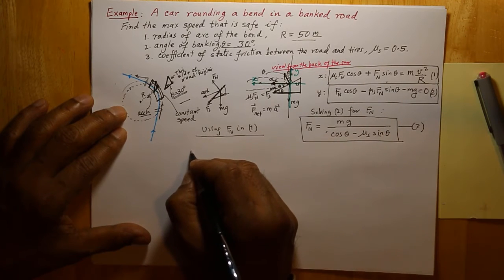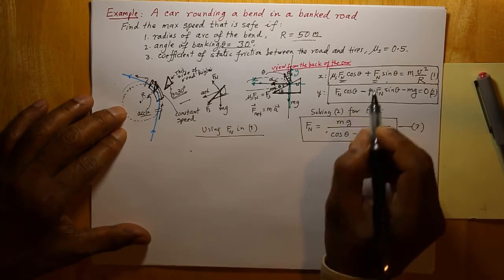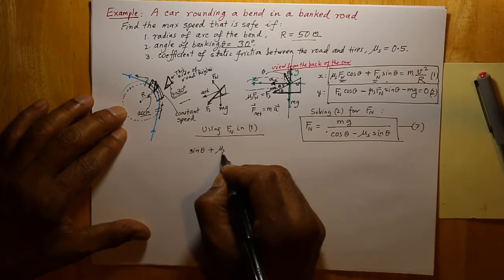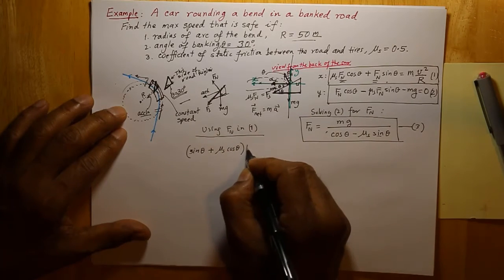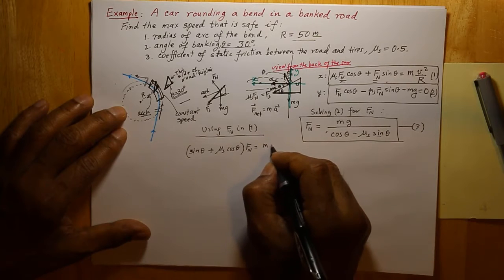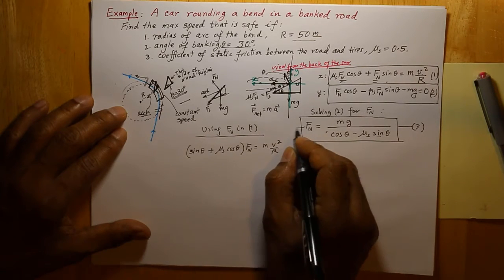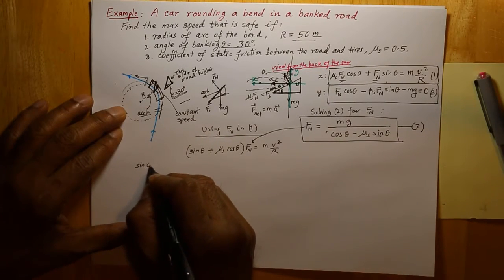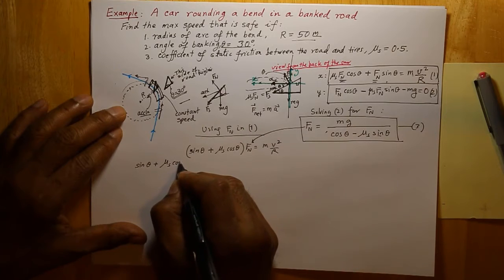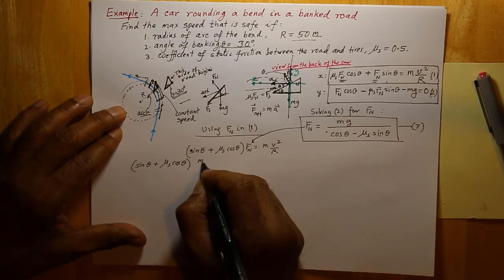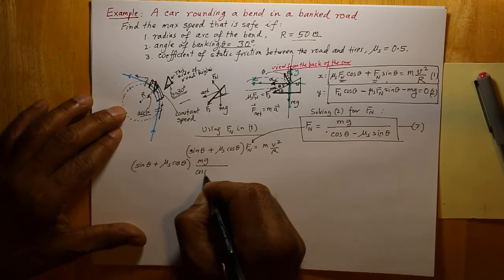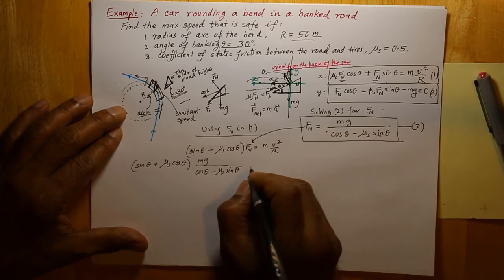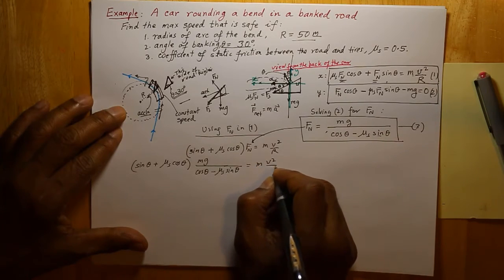So we have in here Fn is common, so I get sine theta plus mu s cosine theta times Fn equals mv squared over r, and I just put in there. Then I get sine theta plus mu s cosine theta times mg over cosine theta minus mu s sine theta, and that's equal to mv squared over r.